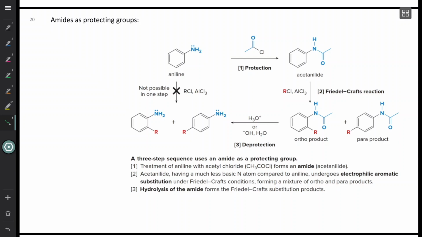They basically make it impossible if you have an amine on your benzene ring, instead of just adding, say, an alkyl group through a Friedel-Crafts alkylation with aluminum chloride, right? You would expect a donating group, so ortho para, but it actually doesn't happen because you end up with the nitrogen complexing with the aluminum chloride.